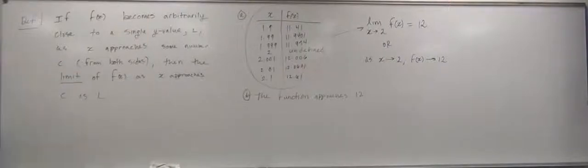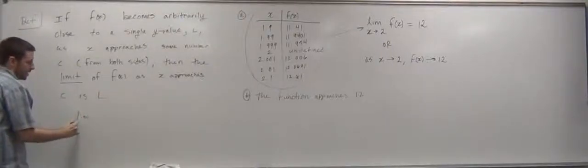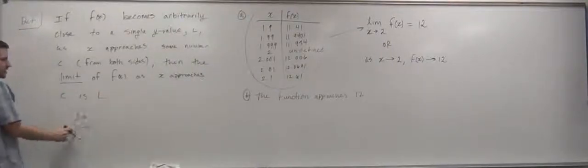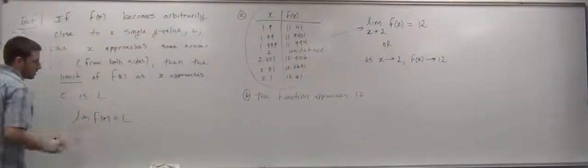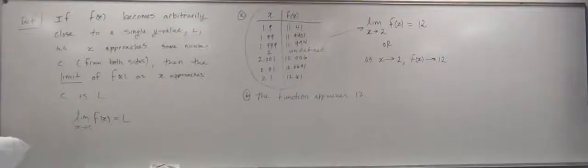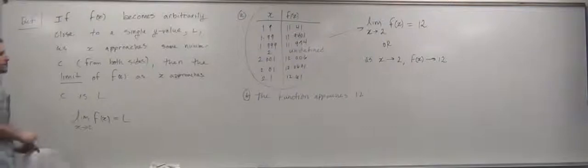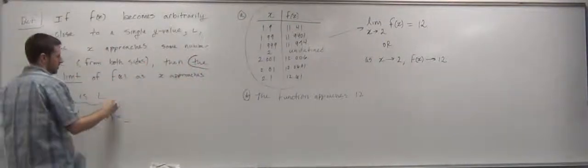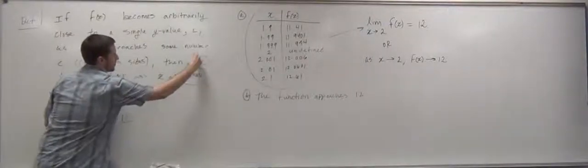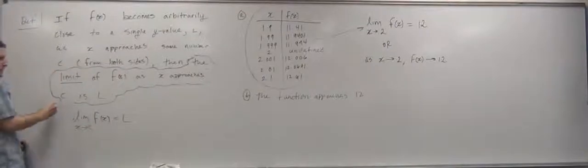Or, instead of saying the limit of f of x as x approaches c is L, that's equivalent to saying lim x arrow c, limit as x approaches c of f of x equals L. So this is kind of the mathematical notation for that last sentence. This is how you write that.